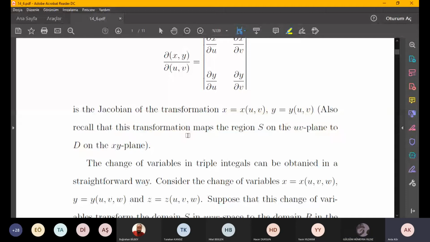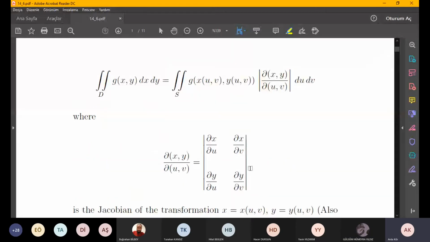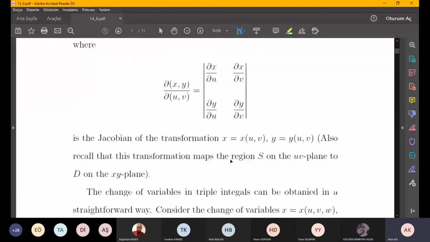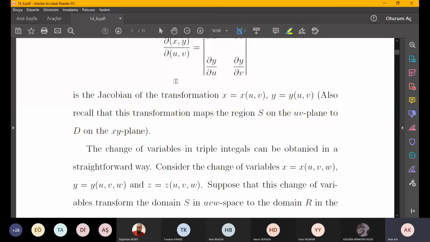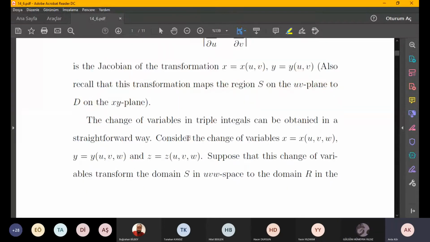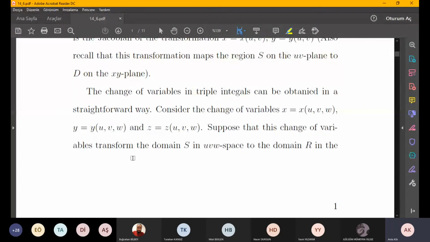This change of variable we have seen for double integration, and now we will see the change of variables in triple integrals. It will be the same as the double integration if we consider x as a function of three variables, u, v, and w, and of course y and z are represented in that way.